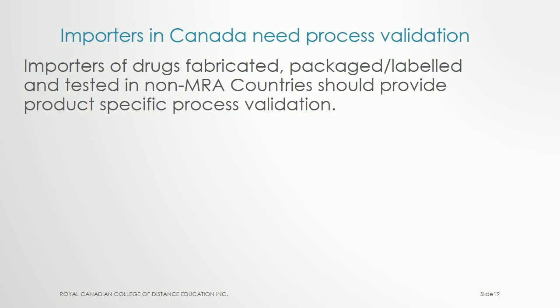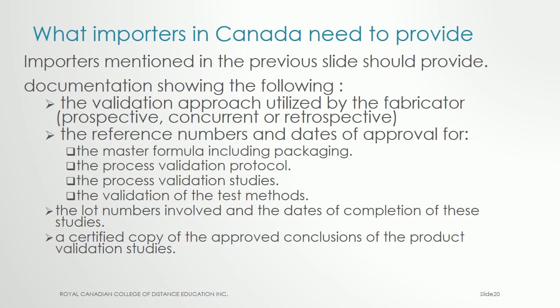Importers in Canada need process validation. Importers of drugs fabricated, packaged or labeled and tested in non-mutual recognition agreement countries should provide product-specific process validation. What importers in Canada need to provide?